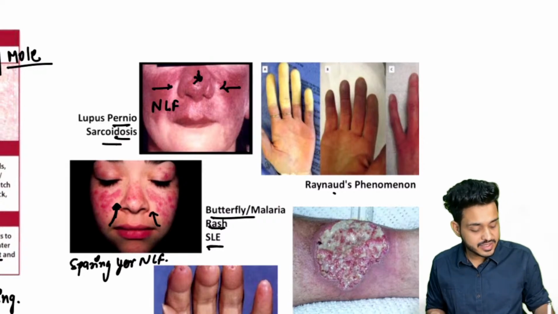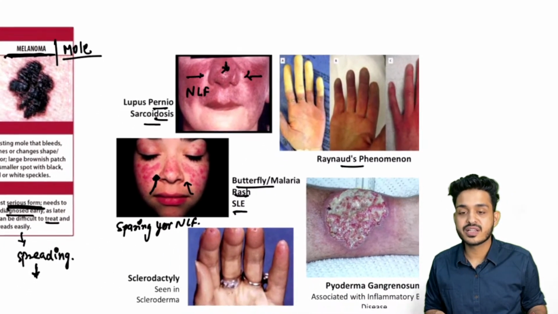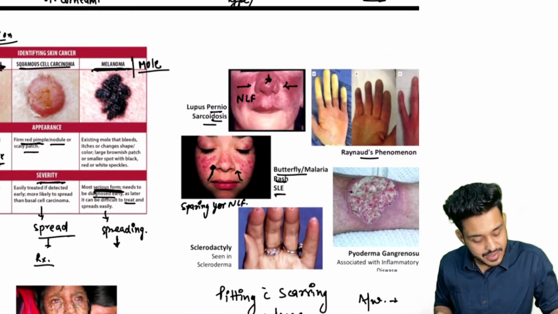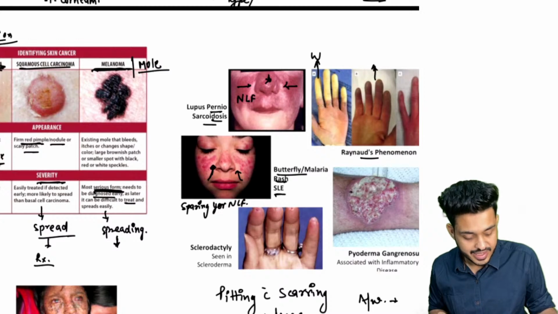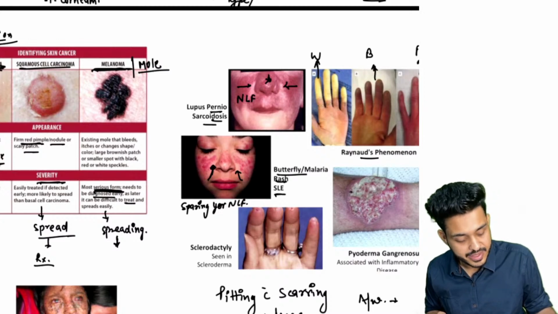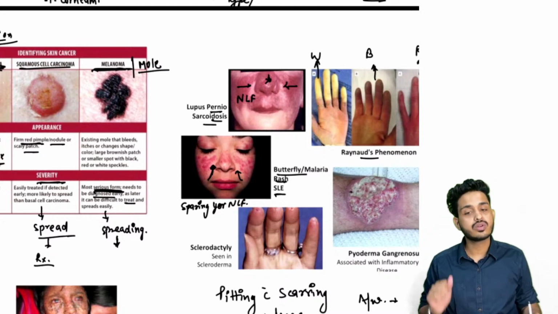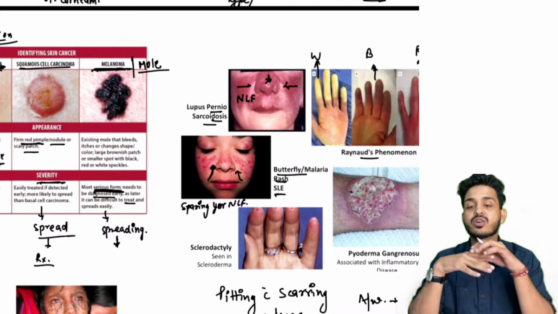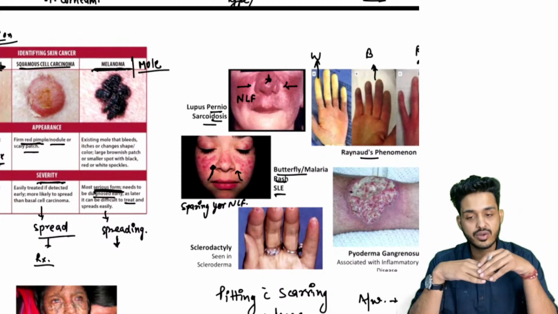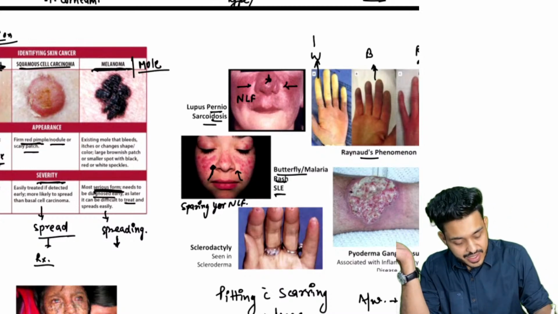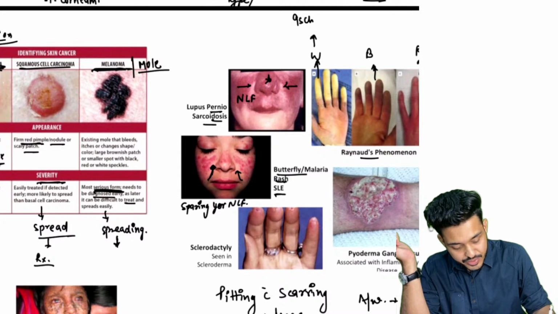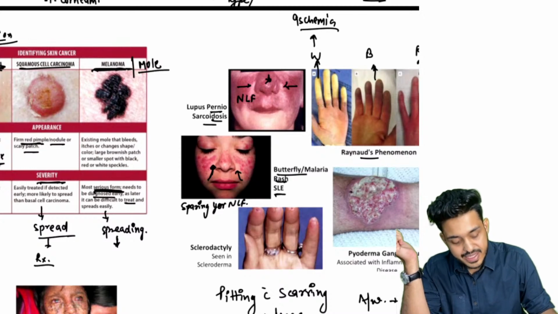Okay, this is your Raynaud's phenomenon. There will be a color sequence, that is white, then blue, and then red. White is due to vasoconstriction. Because of vasoconstriction the blood supply will not get there, and due to that there will be ischemia, and due to ischemia there will be pale or white color.